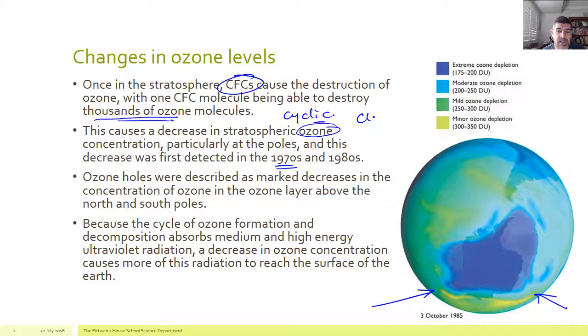They were described as marked decreases in the concentration of ozone, particularly around the north and the south poles, and because of the cycle of ozone formation and decomposition and the relationship with the amount of ultraviolet radiation that was able to penetrate to the Earth, a decrease in ozone concentration was very, very serious because it was increasing the amount of radiation and being linked to the increased incidence of things like melanomas.